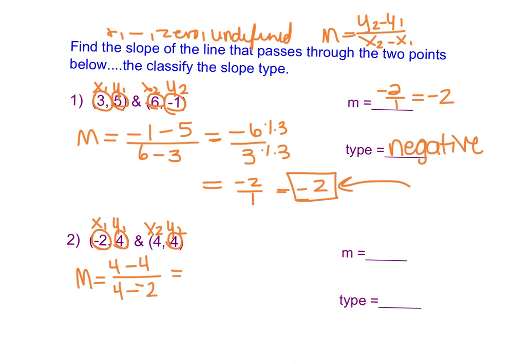So we end up with 0 over, keep, change, we have 6. 0 in the numerator is okay. 0 divided by 6 is simply 0. So because I have this slope of 0 over 6, which then equals 0, I know that I have a type 0 slope.